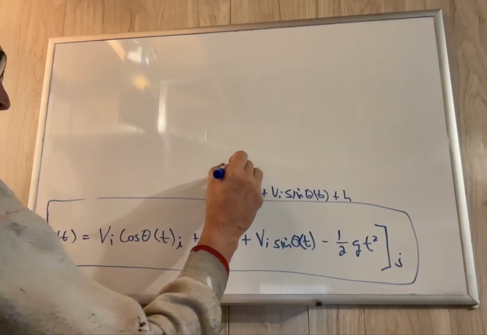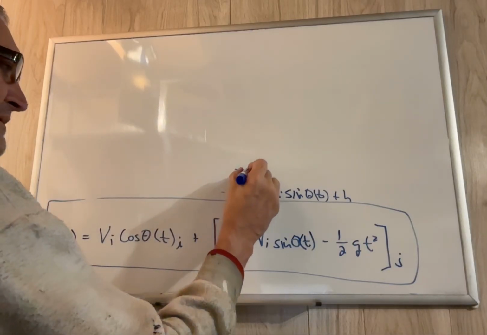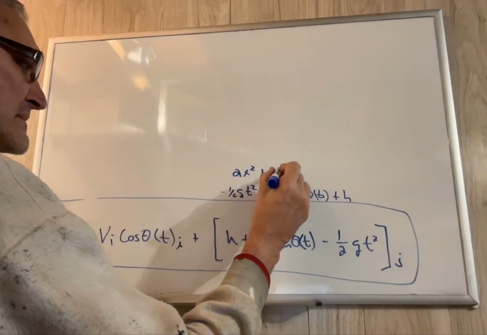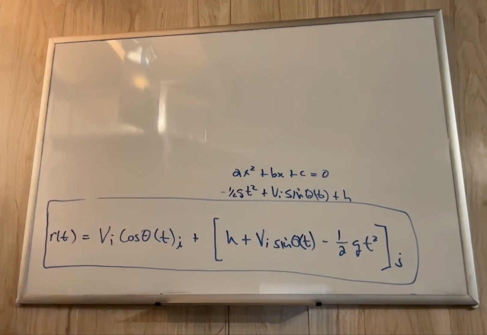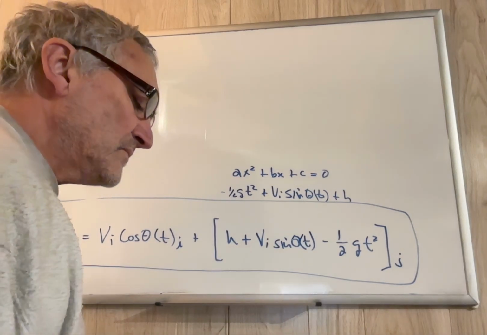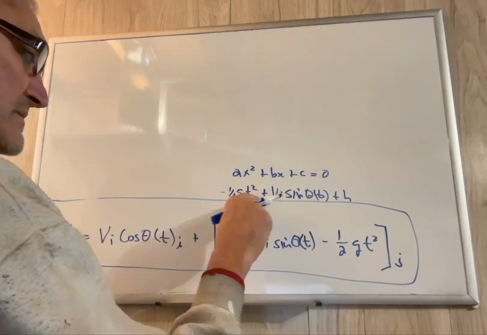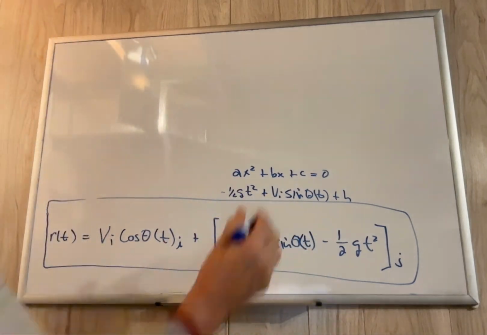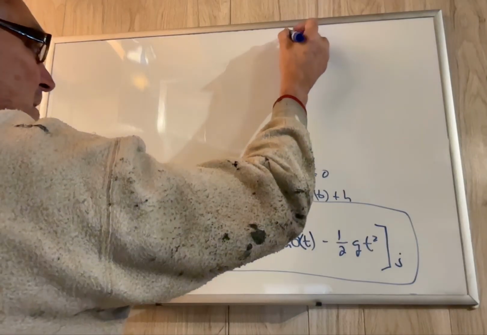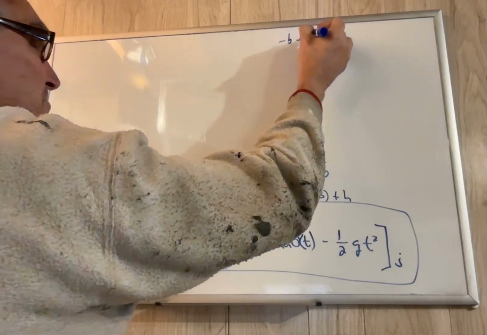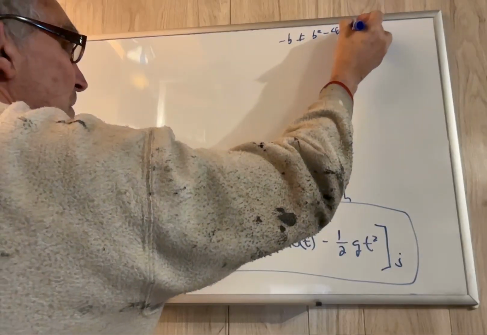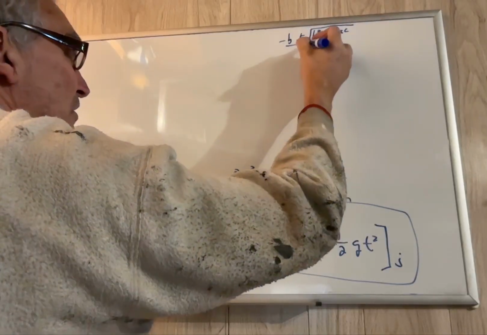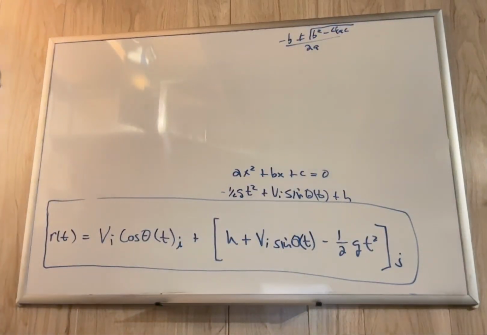Well, that looks an awful lot like ax squared plus bx plus c equals 0, doesn't it? Of course it does. Well, that means we can use the quadratic equation to solve this. What's the quadratic equation? Negative b plus or minus the square root of b squared minus 4ac, all divided by 2a. I hope that's right from my memory.